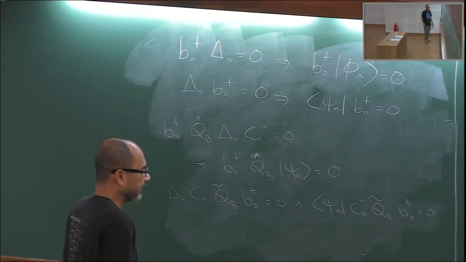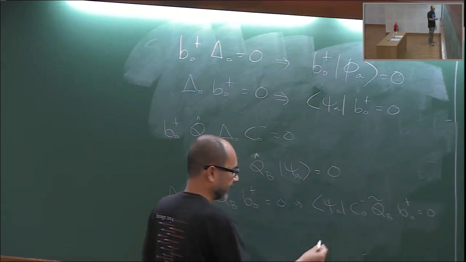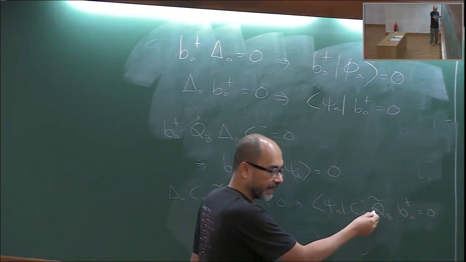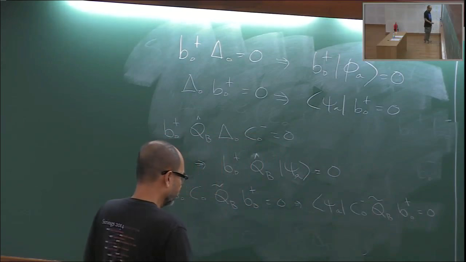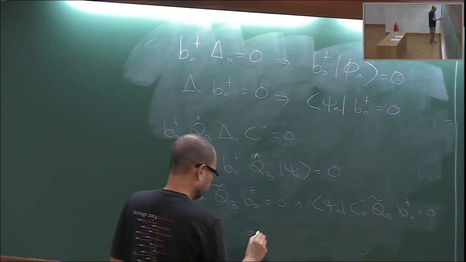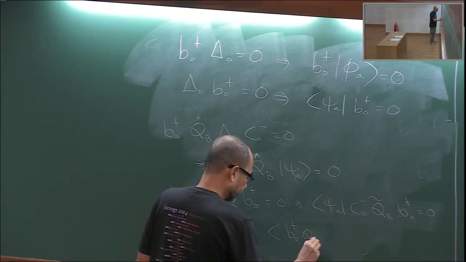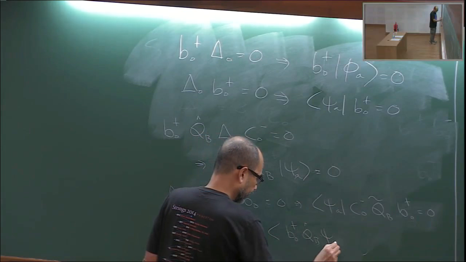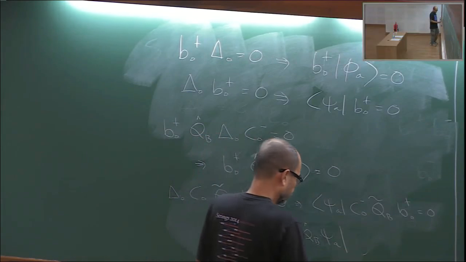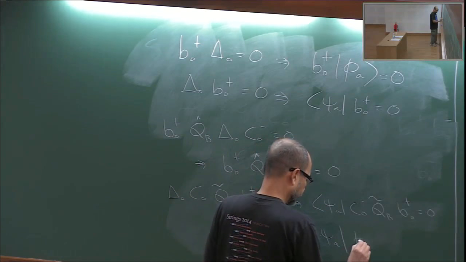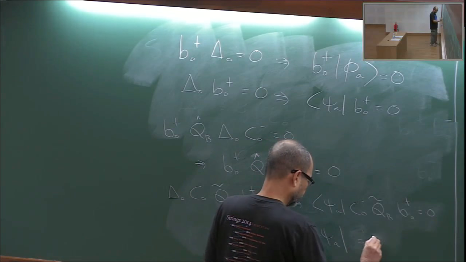Now you can apply a B0 minus from this side and use the fact that the conjugate of QB tilde is QB hat, to rewrite this equation as B0 plus QB hat psi A equal to 0.